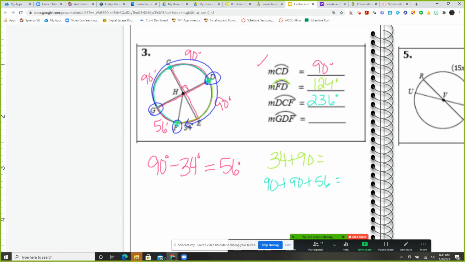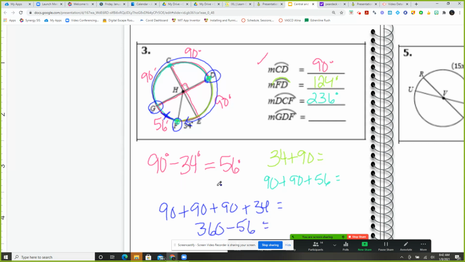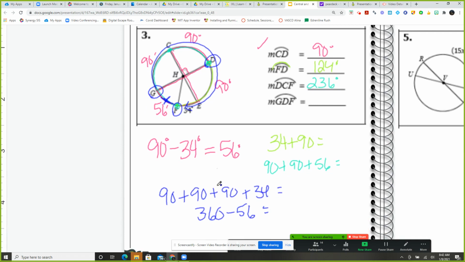So again, you can add all those parts, 90 plus 90 plus 90 plus 34 if you like to add, or because you're doing everything except this one piece here, you can do 360 minus 56, whichever way you prefer. Some people only like to add, and some people only like to type a few numbers. It's really your preference. So we get 304, question mark. Did I do that right? Yeah. Okay.